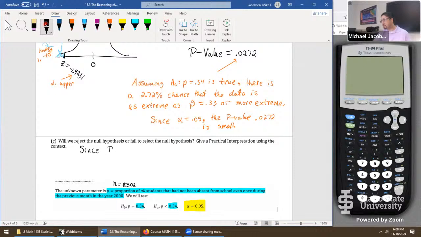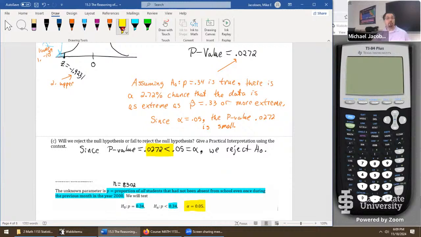Let's say that here. Since the p-value is 0.0272, and it's less than 0.05, which is the significance level alpha, we reject H naught, all because of this right here.